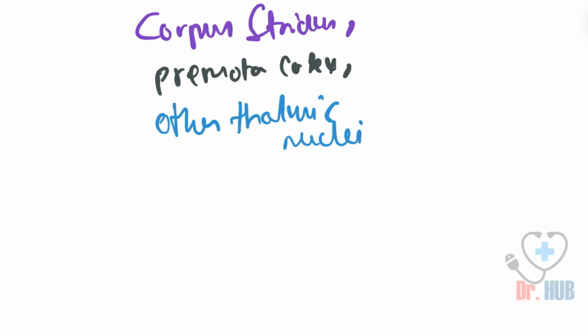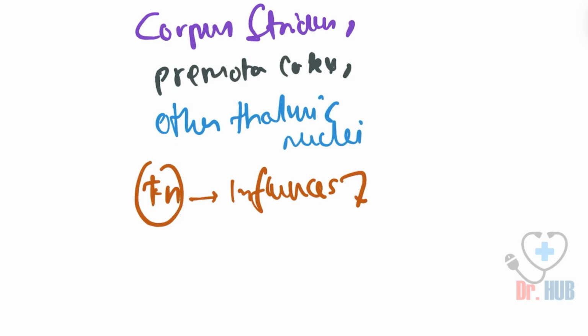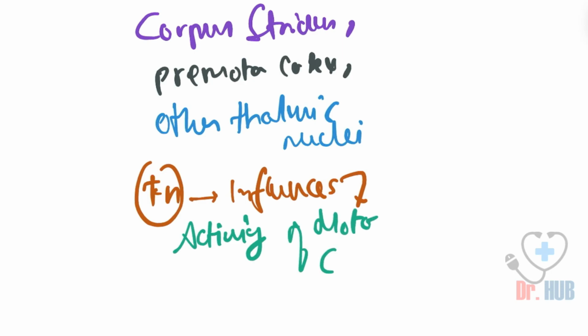Then what we are focusing on is the function. In the case of the ventrolateral, the function is that it influences the activity of the motor cortex. And post this, we will look at the intralaminar.